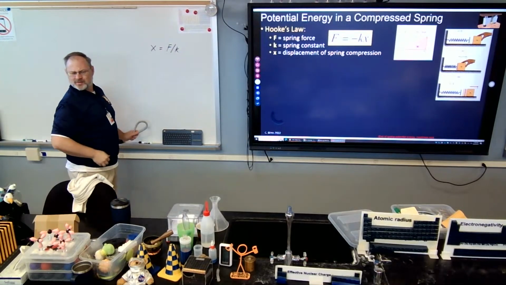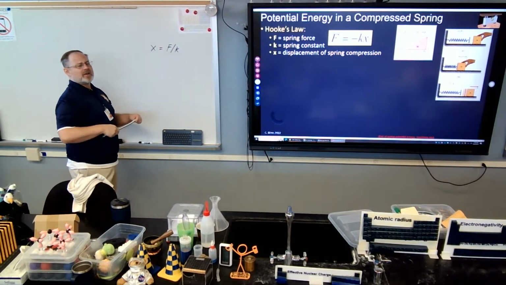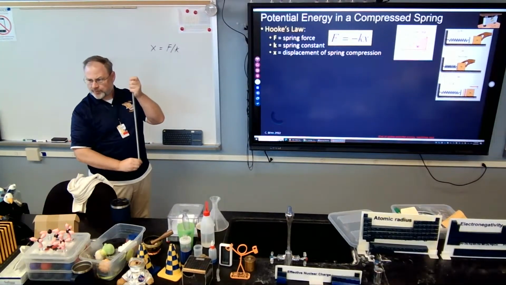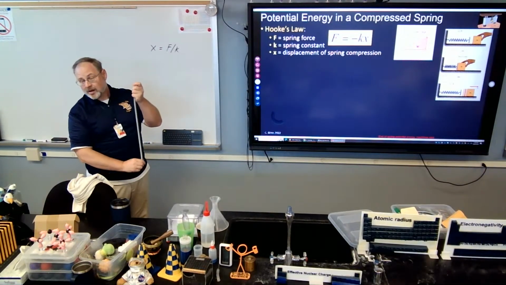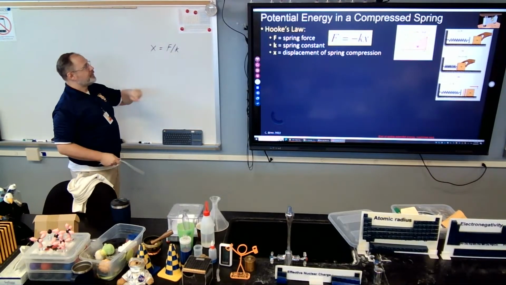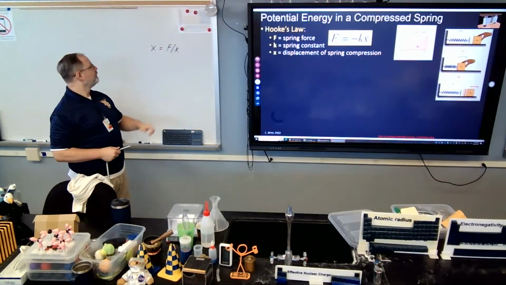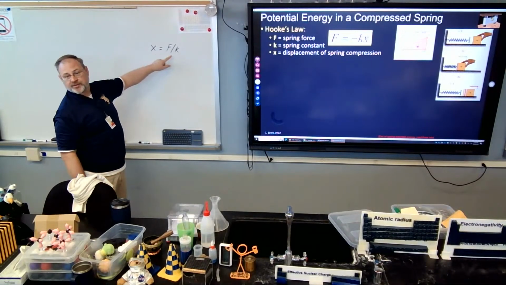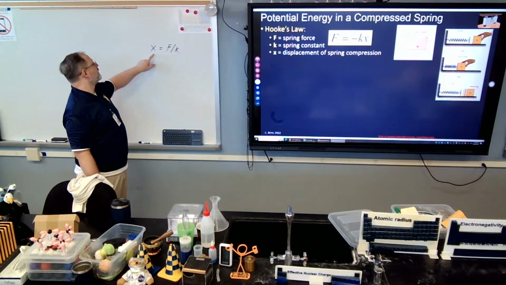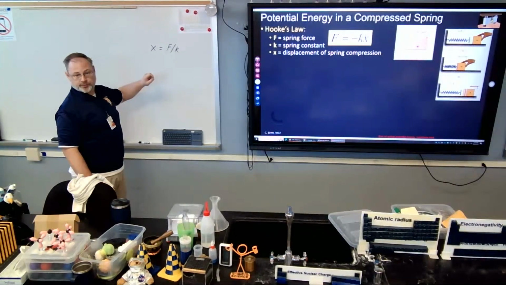So what it's really saying is if you apply a certain force on this, it will extend a distance based on its stiffness. If you have a very high stiffness, it'll extend less with the same amount of force. If you have a low stiffness, it'll extend more with a given force.